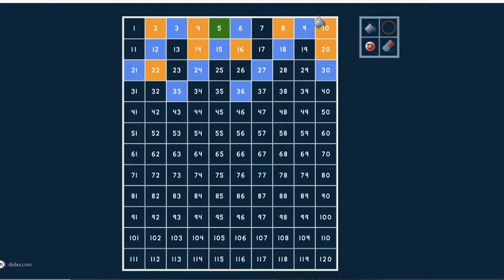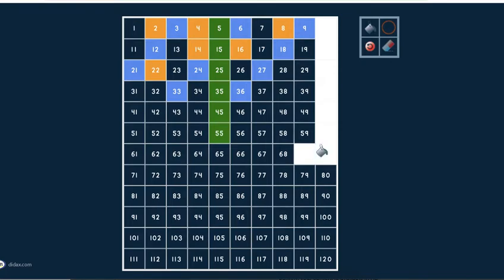5, 10, 15, 20, 25, 30, 35, 40, 45, 50, 55, and 60. Easy peasy. And obviously the 10s is going to cover all of the 10s patterns for us. Straight down to 120.